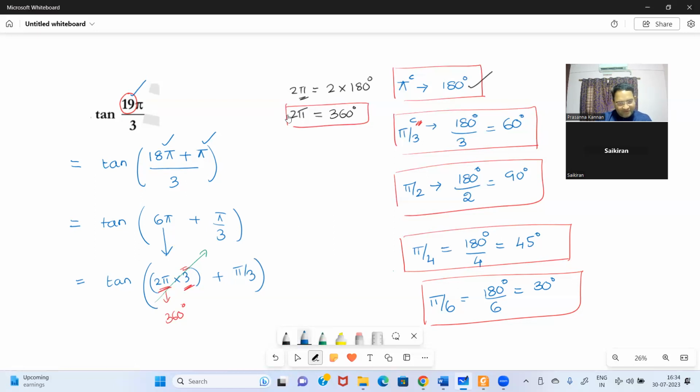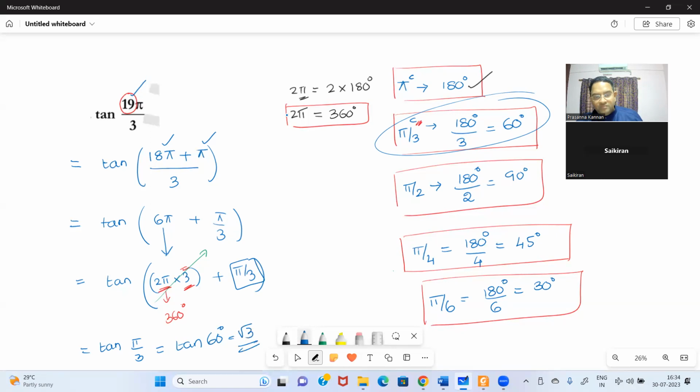I can remove this, correct or not? So what will be left? Pi by 3. This will be gone, right? So what is remaining, Saikiran? Pi by 3, sir. What is pi by 3? 60 degrees. What is tan 60?